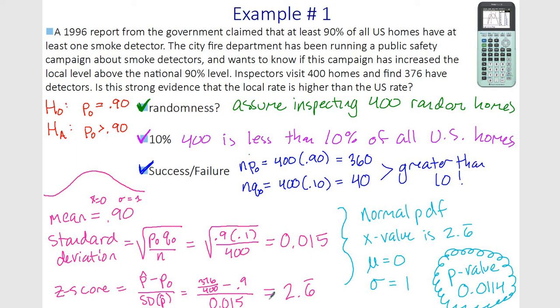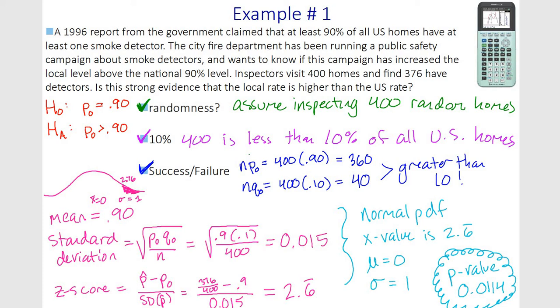I'm sorry, the z-score is 2.6. While the mean is here, we want to be greater than that, so we're going to be over here and do the greater than. This is at a z-score of 2.6. So what's that probability? It's going to be very low because it's almost 3 standard deviations.